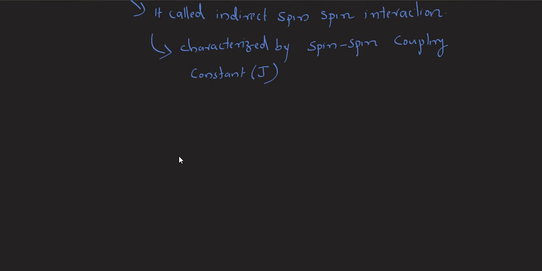What is the cause of that splitting if the proton absorbs the radio frequency waves? The reason is the magnetic field experienced by the proton in one group, for example in the CHO group, is influenced by the spin arrangement of proton in the CH3 group.